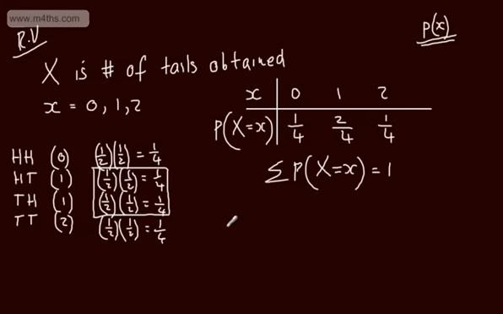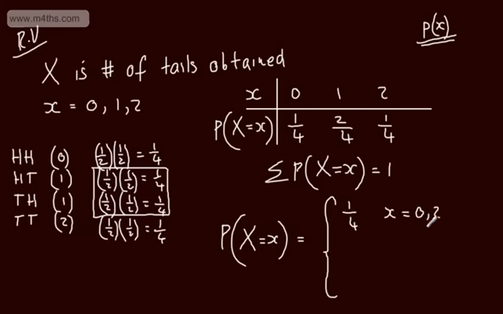We could look at the probability function, and we could say now the probability of x being equal to x in this particular case will now be 1/4 for x equal to 0 and 2. We could say 1/2 now for x equal to 1 and 0 otherwise.